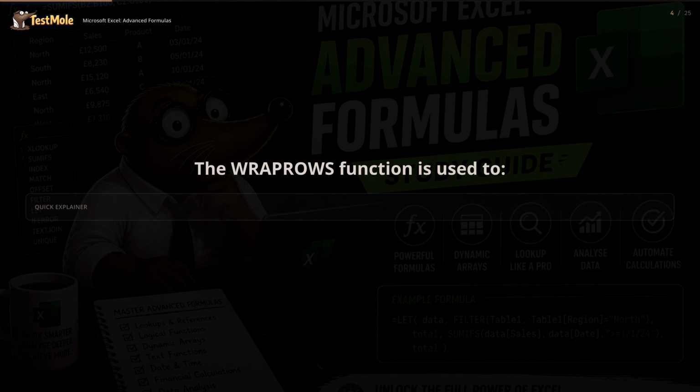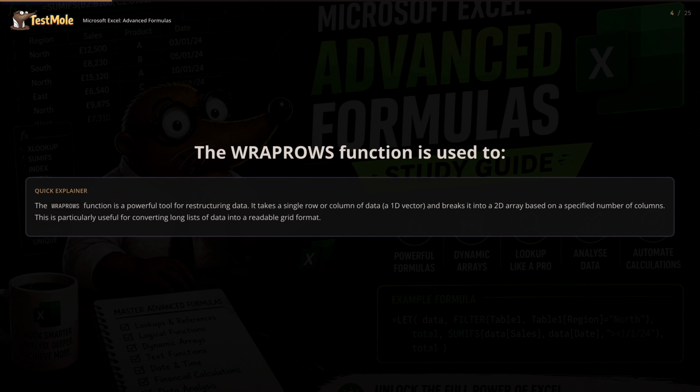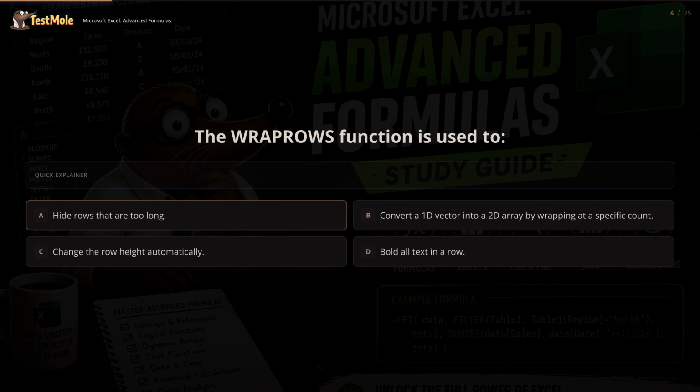The WRAPROWS function is used to? The WRAPROWS function is a powerful tool for restructuring data. It takes a single row or column of data, a 1D vector, and breaks it into a 2D array based on a specified number of columns. This is particularly useful for converting long lists of data into a readable grid format. Here are the options. A. Hide rows that are too long.